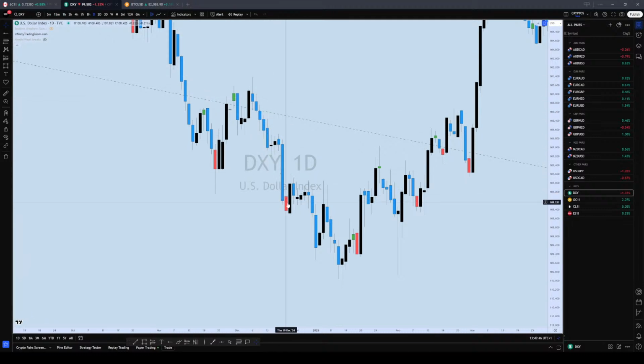It needs to reverse. This move up brings buyers into the market. When that happens, then they go against them, then it breaks. But it's going to happen at the logical level. Okay, at the logical level.